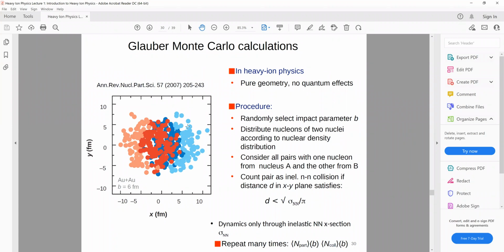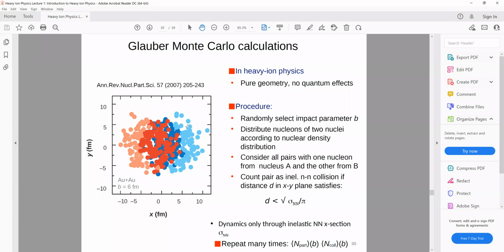You know the classical or geometrical picture of the cross section: sigma goes as pi r squared. So if the distance between two nucleons is less than the square root of sigma NN by pi, this implies that these two nucleons are within the sphere of influence of each other, so one nucleon is within the sphere of influence of the other to make an inelastic collision.